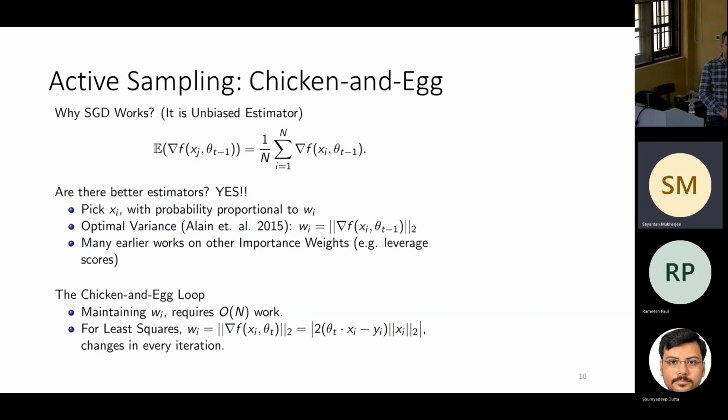Now this may be okay if the norms are fixed, but the moment you sample and make a gradient descent update, your parameter has changed. Theta t minus 1 has become theta t. And so in the next iteration, you again have to recompute all these weights. So you are essentially estimating a quantity where the estimation cost is more than computing the exact cost. So that is a little trouble.